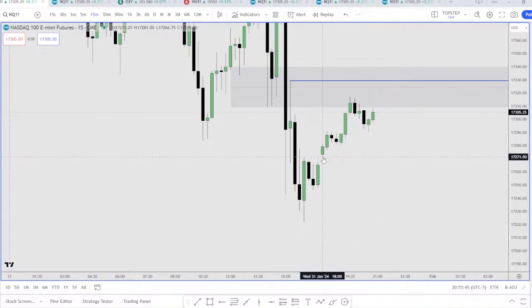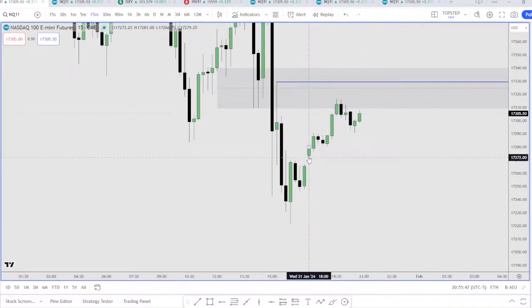Best case scenario, I want to short above today's opening price, which would be right here. For ES, it's slightly better because ES is the weaker one with SMT on a lower high.